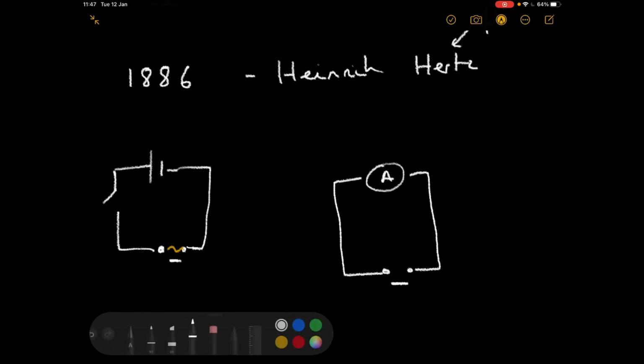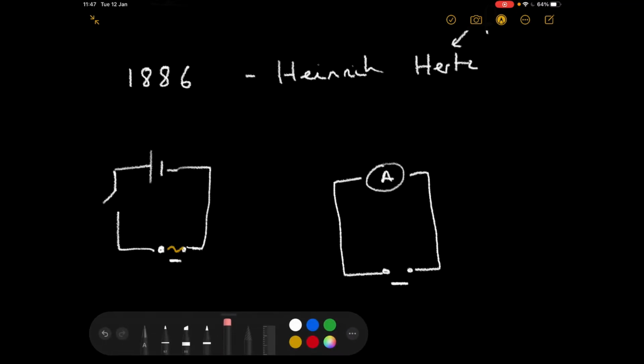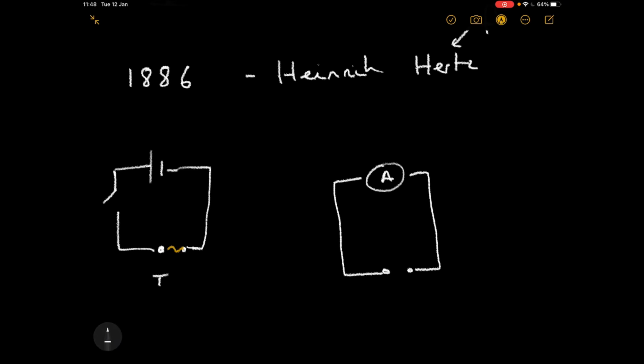So this gap here and this gap here have the same width. He would set up his original transmitter, get the spark, and several meters away he would have his receiver, and suddenly he would get a current reading.